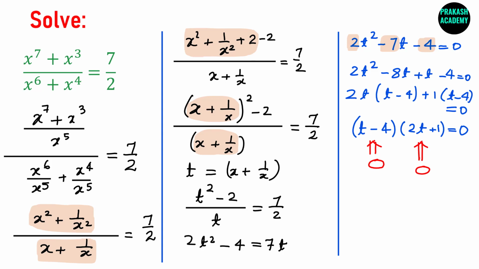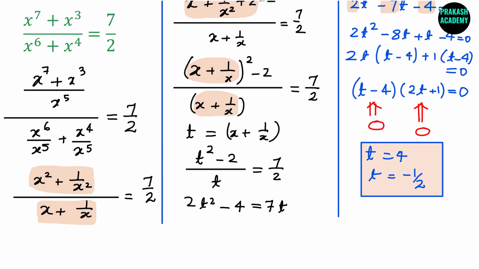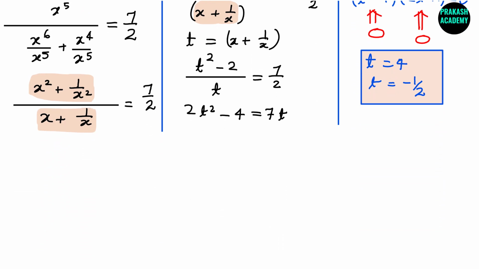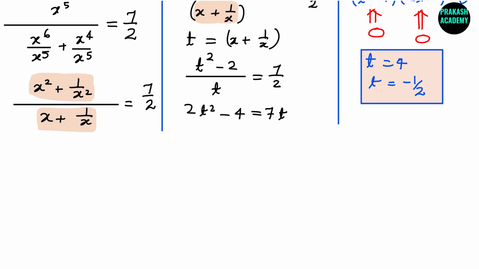So these solutions are t is equal to 4, or t is equal to minus 1 by 2, because 2t plus 1 equal to 0 gives t equal to minus half. Now we will analyze these two cases separately, because we have made a substitution that t is equal to x plus 1 by x. So let us consider case 1. We will consider both cases separately.